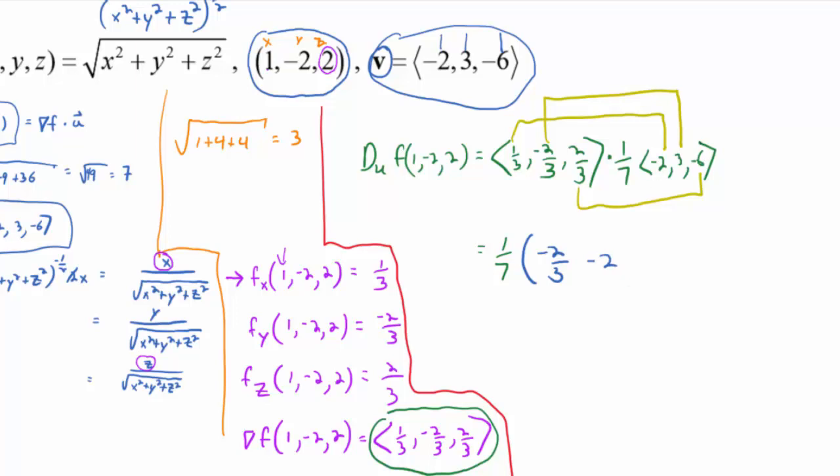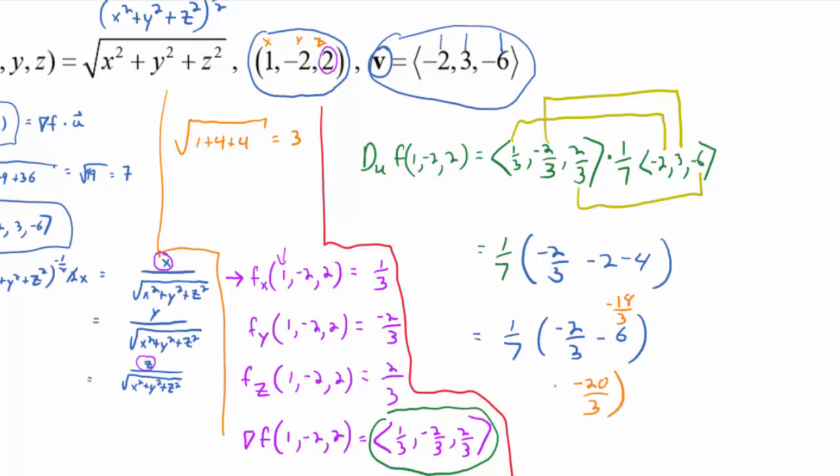And then what about 2/3 times negative 6? Which would be negative 4. Okay, and then 1/7. So then we get negative 2/3 minus 6, which is minus 18/3.